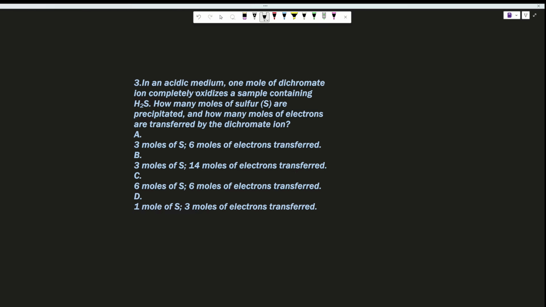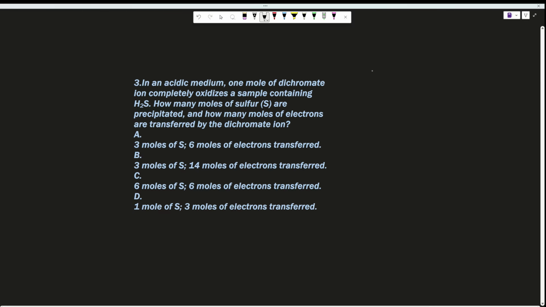We are taking acidic medium, so we have dichromate ion. In acid medium that will get converted into Cr3+ ions, right? Here it is +6, so here +3. You have two chromium atoms, so I'll write 2 Cr3+. So +6 to +3.